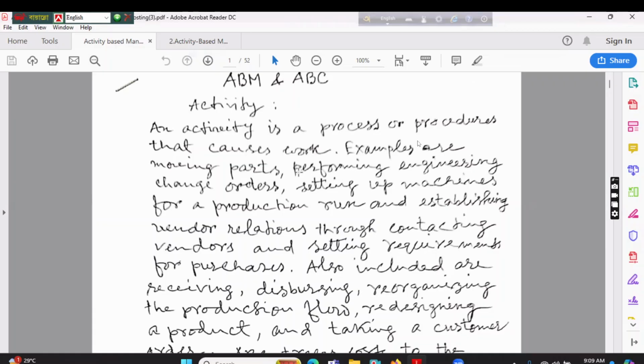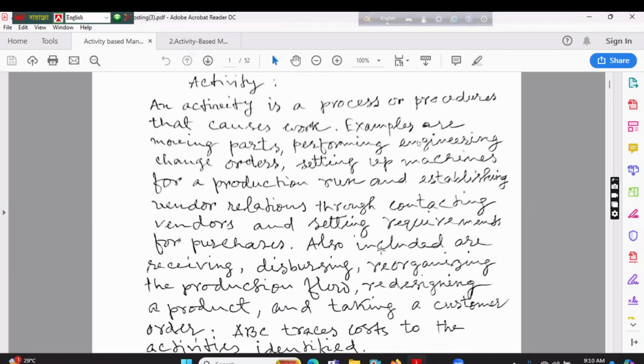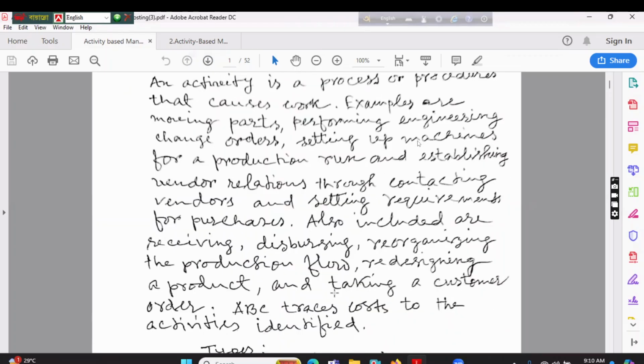Examples are moving parts, performing engineering change orders, setting up machines for a production run, and establishing vendor relations through contacting vendors and setting requirements for purchases. Also included are receiving, disbursing, reorganizing the production flow, redesigning a product, and taking a customer order.